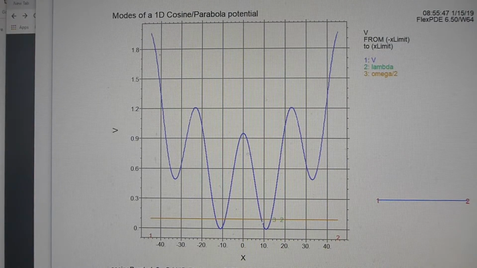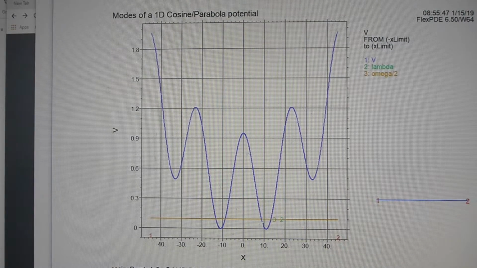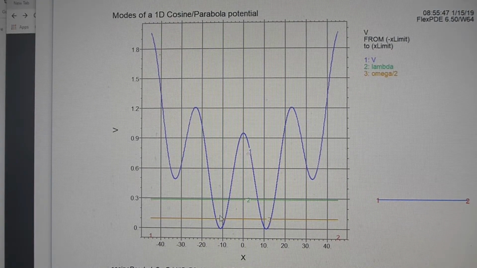The next thing I'll show is the same potential, but for the first excited mode of this particular parabola, and that it'll be 3 times as high.